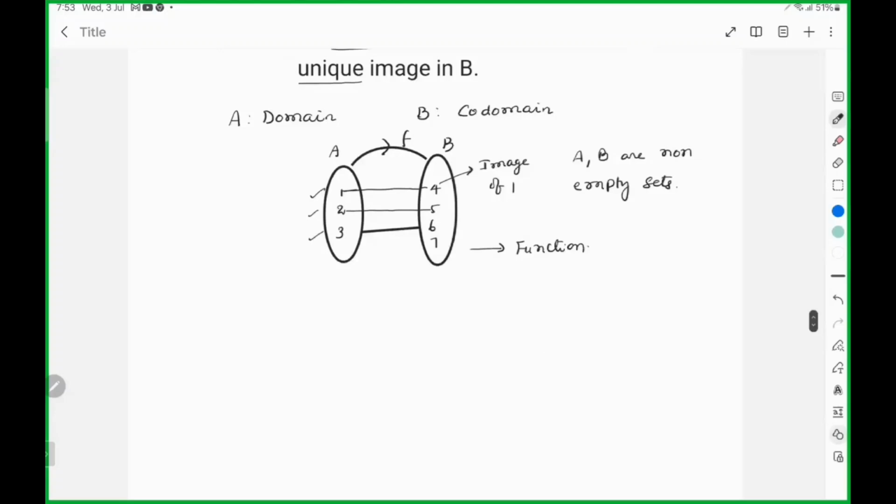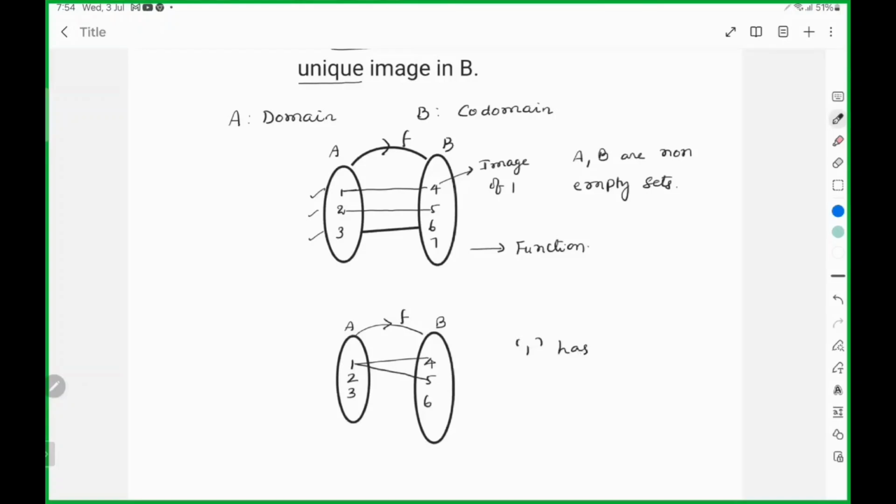Another example, a mapping which is not a function. Here F, A, B. If I map 1 to 2 different elements of B, element 1 has 2 images.